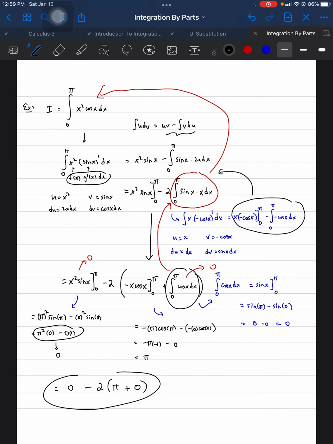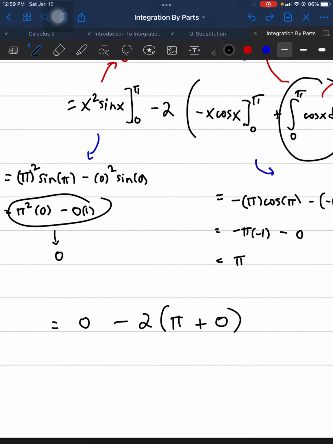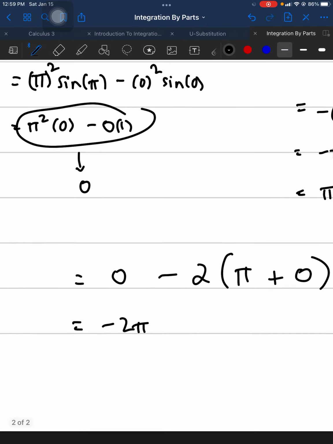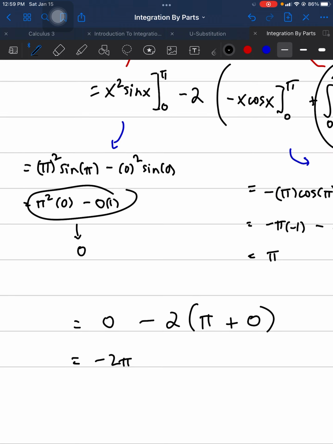You see how much simpler this is from all of this? So this is just a normal simplification. This is just negative 2 pi. And our final answer is negative 2 pi.